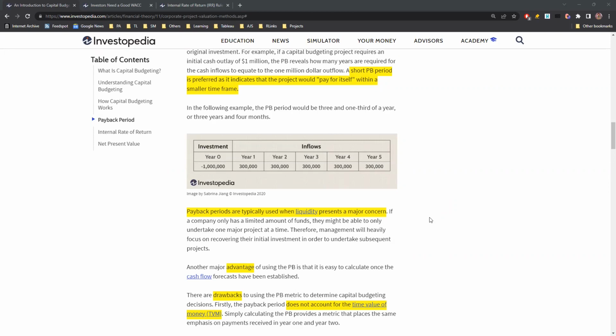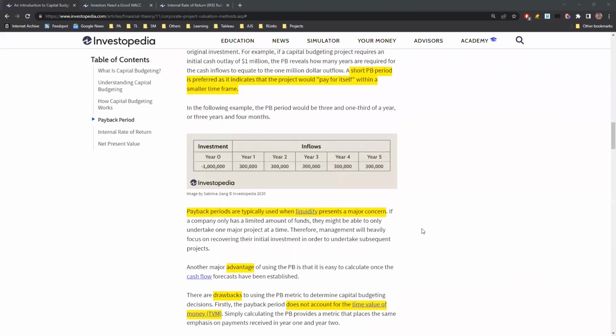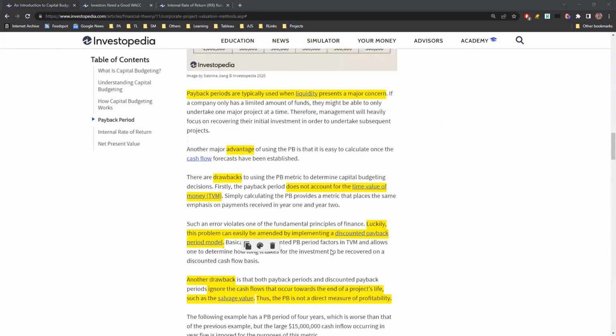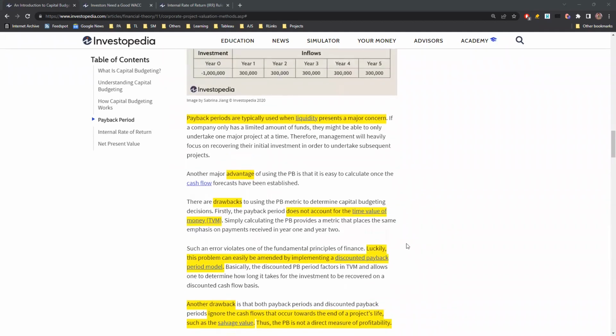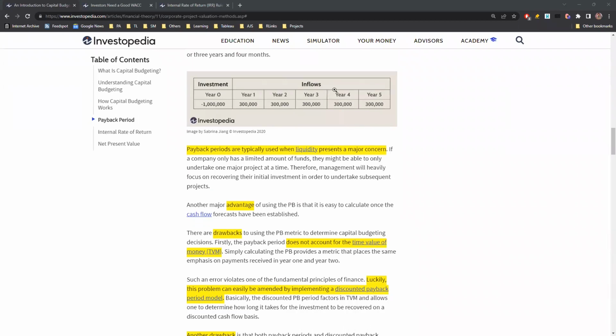Right. Okay. All right. So, Sinha, thanks for bringing that point. That's exactly one of the key drawbacks of the payback period. Let me start with what Sinha has mentioned. Let's say after 3 years, 4 months, we recover our money. But after that, we are still making some amount of money, about 500K.